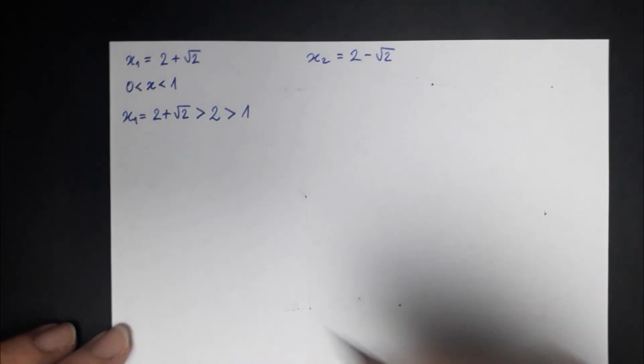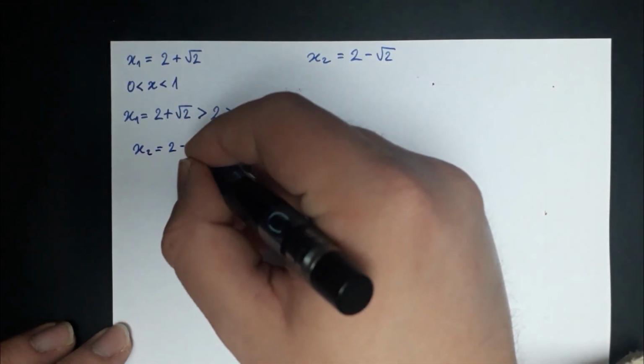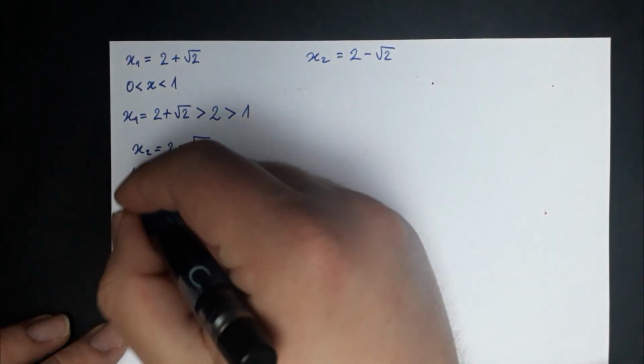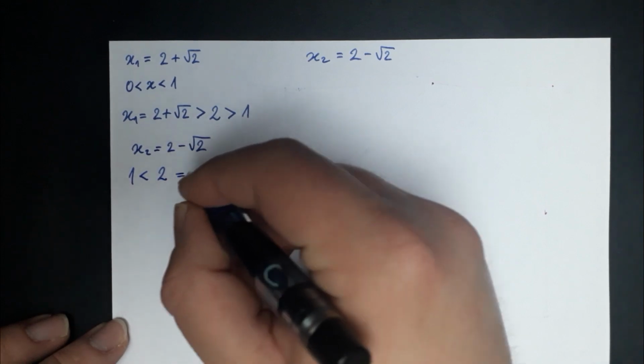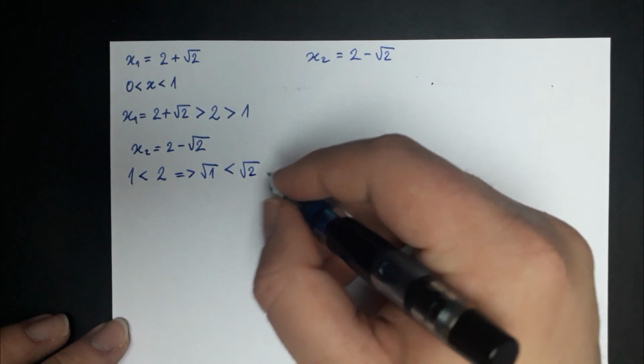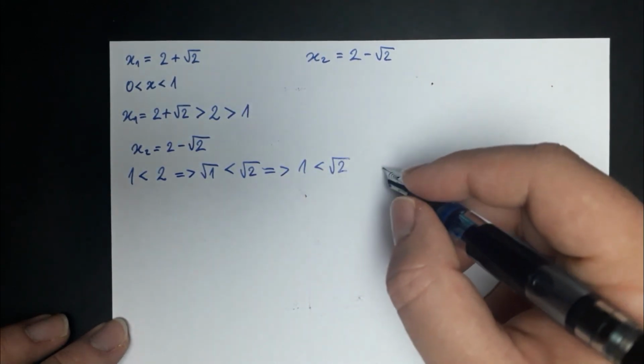Now, what happens with the solution x2 is equal to 2 minus the square root of 2? We know that 1 is smaller than 2, and that means that square root of 1 is smaller than the square root of 2, which means that 1 is smaller than the square root of 2.